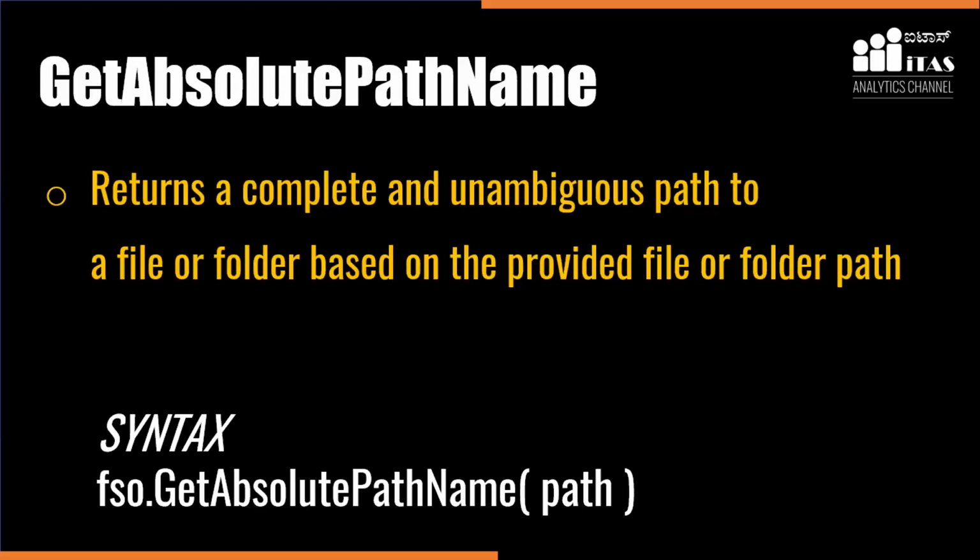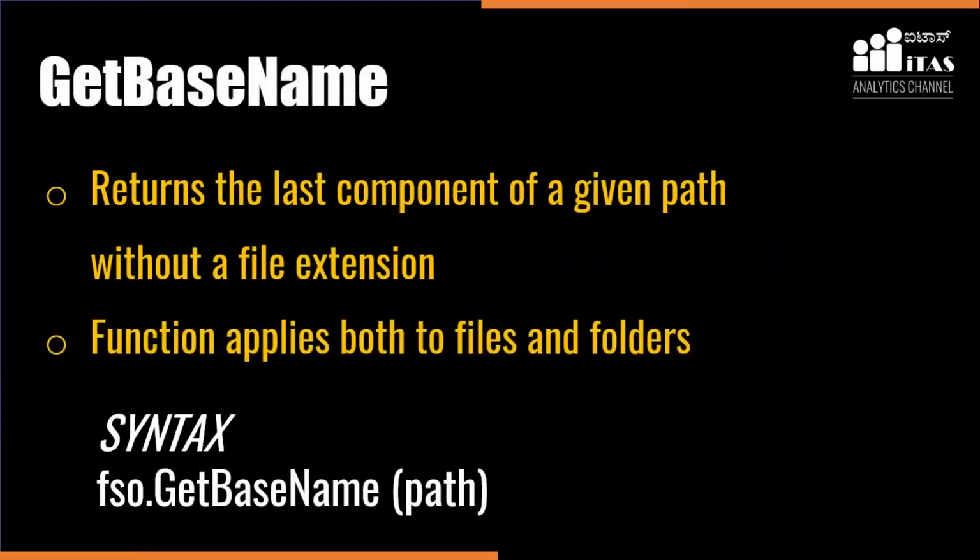GetAbsolutePathName. If I'm mentioning a path, say a folder or a file, it will give me the complete path of that folder or file. GetBaseName. This will give me the final folder name or file name which was specified in the path.